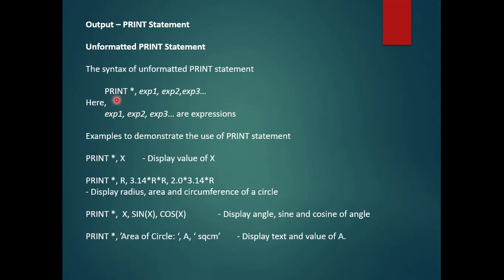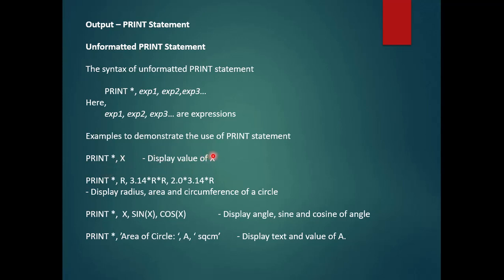Here, print star, where and how are not mentioned, then comma exp1, exp2, exp3. These are the same expressions we have already seen. An example is print star comma x, which will display the value of x.